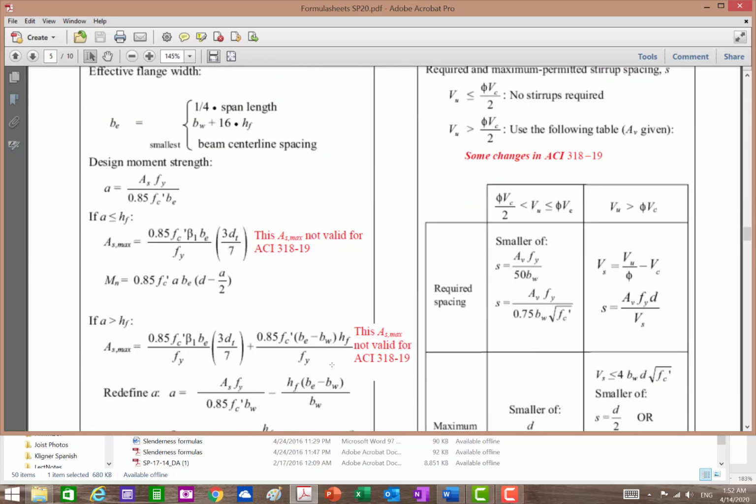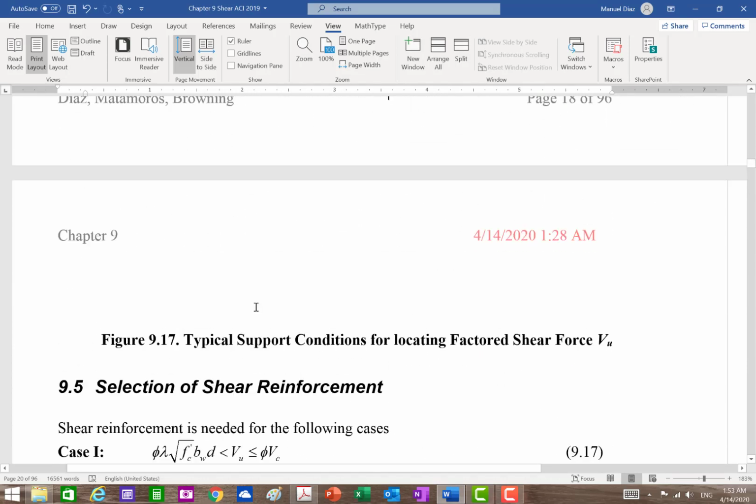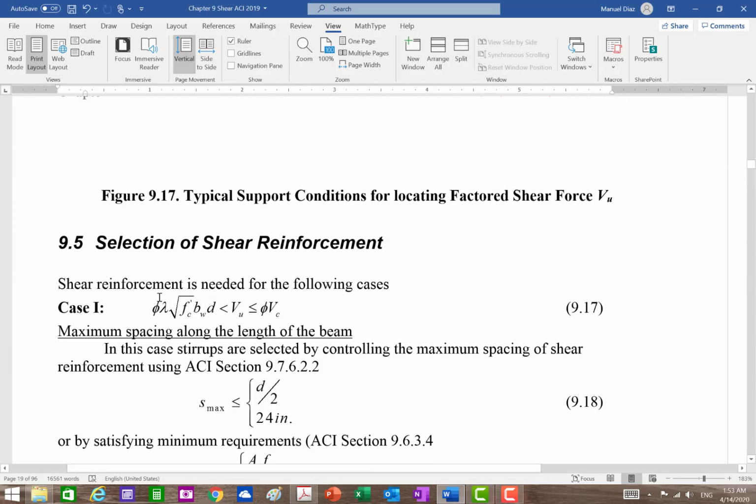Now the only problem with this table is that it uses 318.14, and so this one is no longer true. This right here has now been replaced by this value.